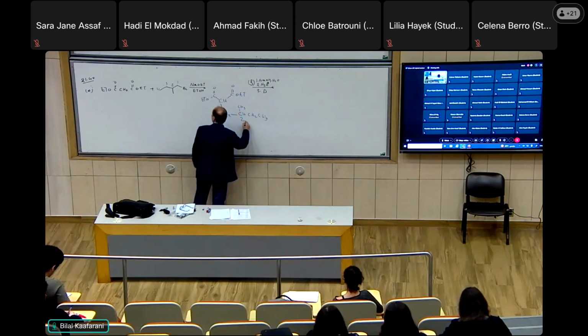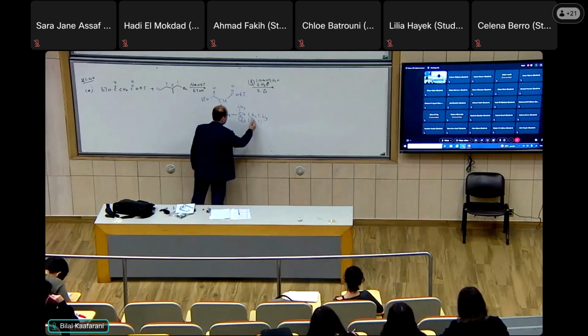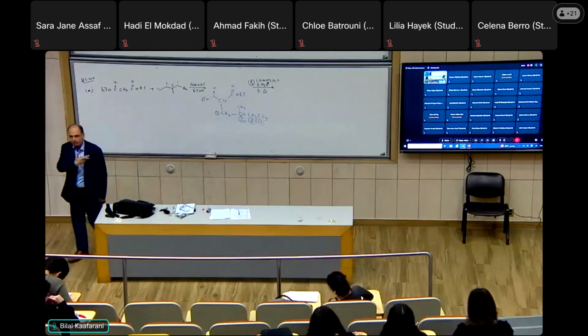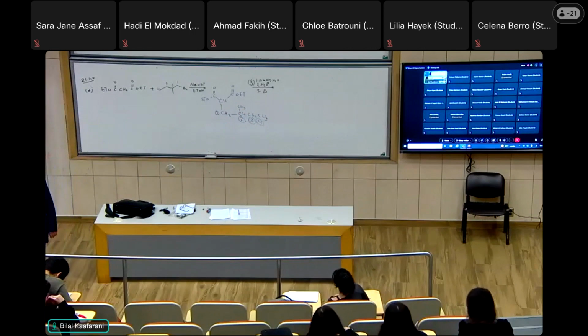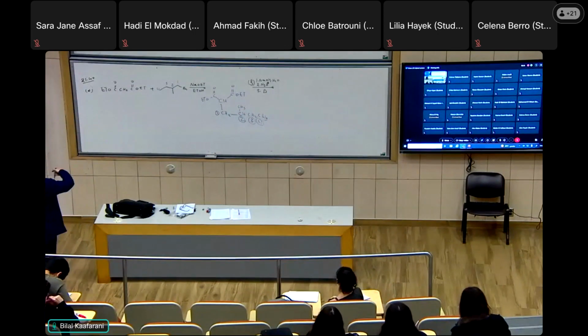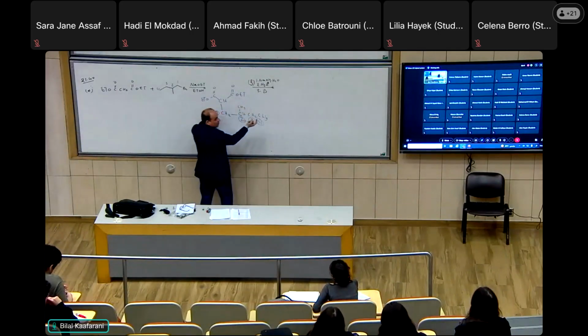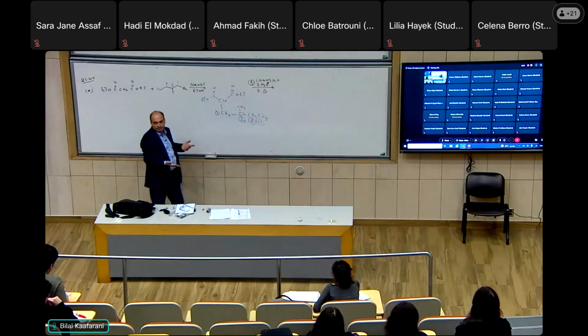This is 2, this is 3, this is 4. Now, I didn't put R or S in the question. There was no R and S at carbon number 2, so that's why we don't worry about it. Now, can you see how to draw the final product right away without going through the intermediate? Because you are going to get O minus, O minus, OH, OH, and you get rid of one of them. Clear?